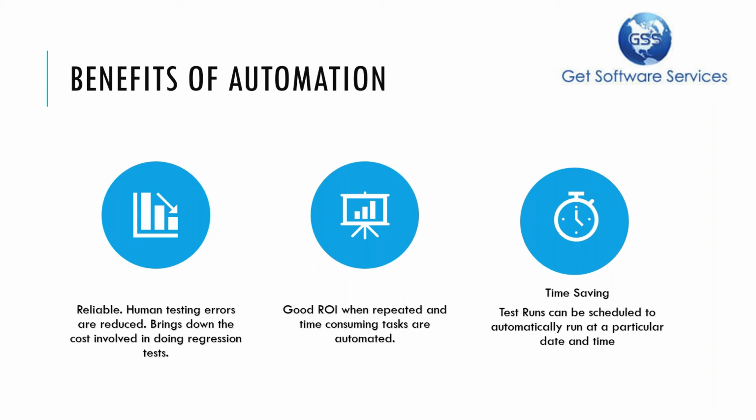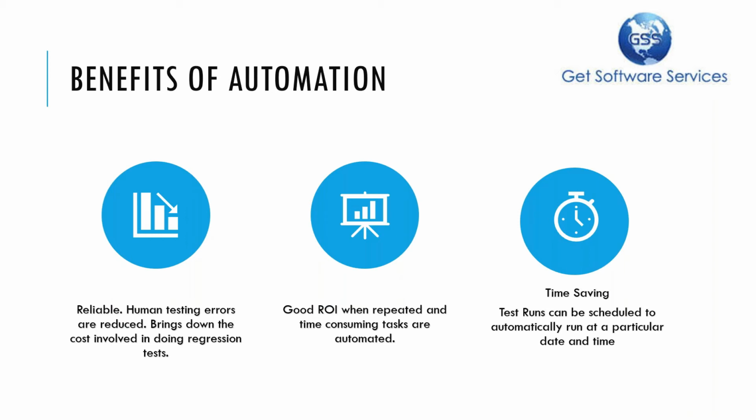Every time software changes, we have to do regression testing to check the existing functionalities are working fine. So regression testing is a repeated task. When regression tests are automated, it saves a lot of cost. It brings down the cost, and also it saves time.